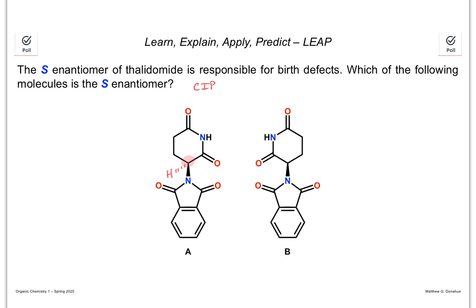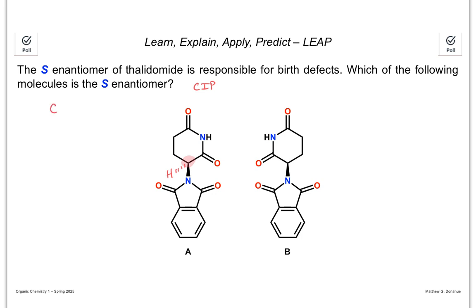Then we have to look at the three other substituents directly bonded to the carbon. This is where I want to be pretty clear on how you look at this, because sometimes students go too far along the path. The first thing you have to do is look at the directly bonded atoms. There's the carbon we're interested in. We have nitrogen, carbon, and carbon.